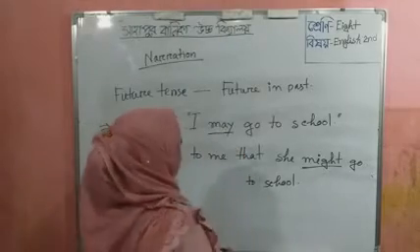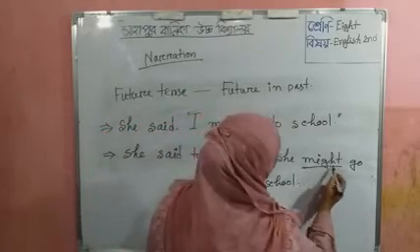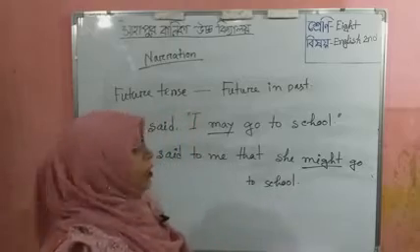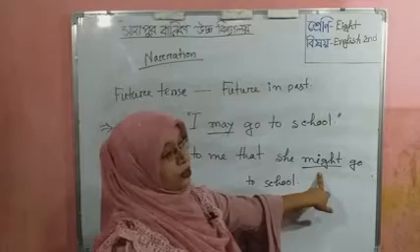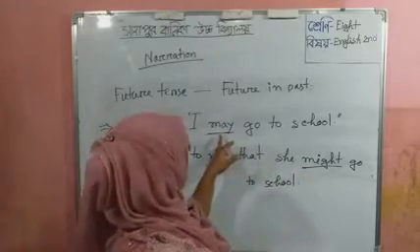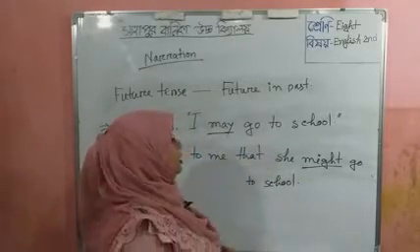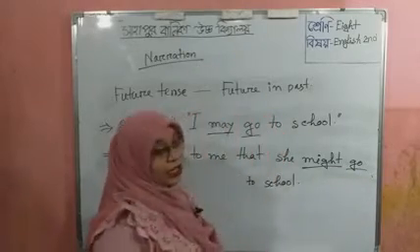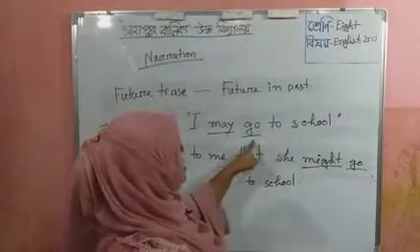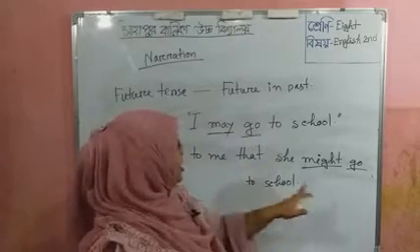May is a modal auxiliary and might is also a modal auxiliary. I think you know, after a modal auxiliary the verb is not changeable. It is a finite verb and we cannot change it. When can we not change it?